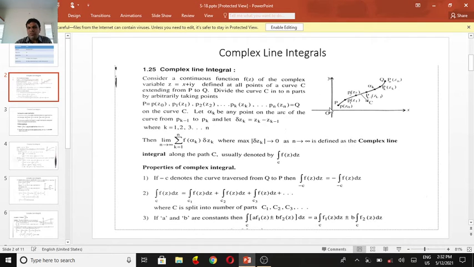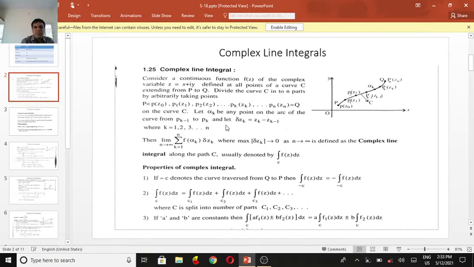Suppose you take alpha k to be any arbitrary point on PQ. Let alpha k be any point on the arc of the curve from Pk minus 1 to Pk, where we take delta zk equal to zk minus zk minus 1.